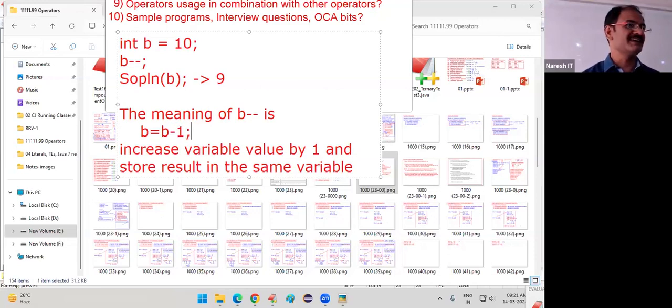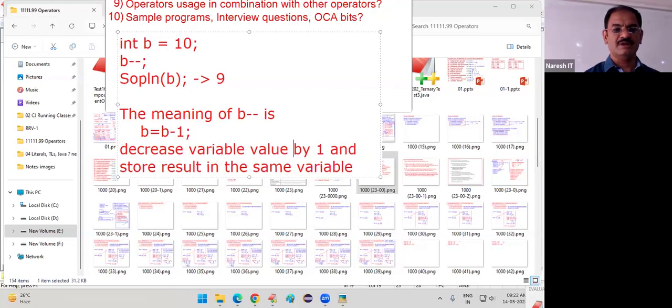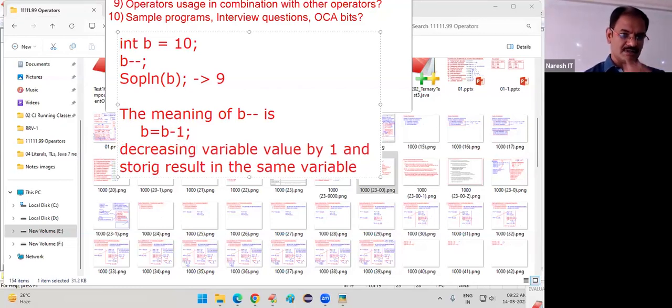When you're watching any reels or YouTube shorts, when you get moyo moyo, then plus plus or minus minus, increase or decrease? Decrease a variable value by 1 and store the result in the same variable.